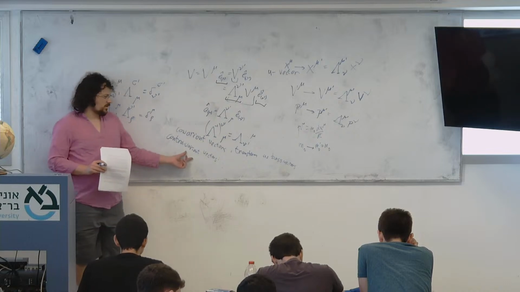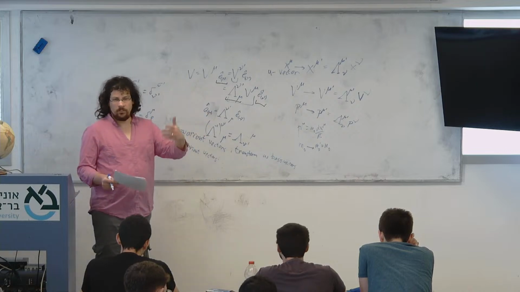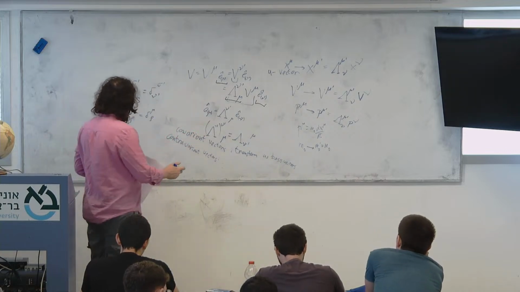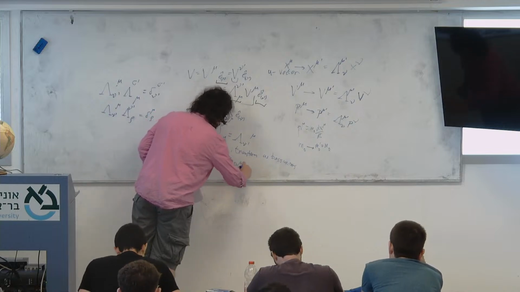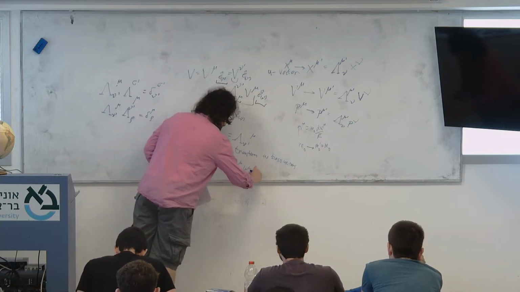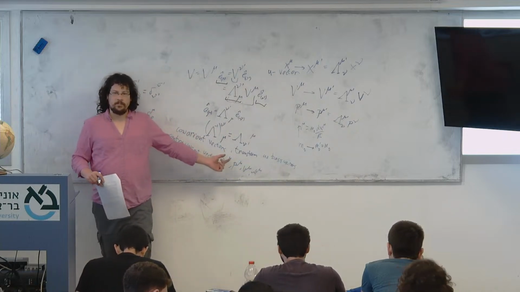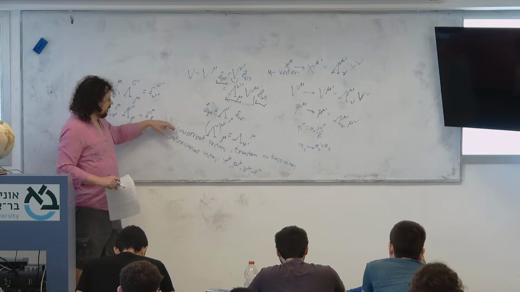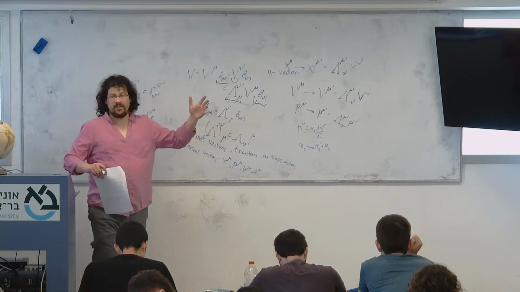Give me an example of a contravariant vector. X mu, P mu, right? With a mu on top. Basically, if the index is on top, it's a contravariant index. If the index is on the bottom, it's a covariant vector, or a covariant index.